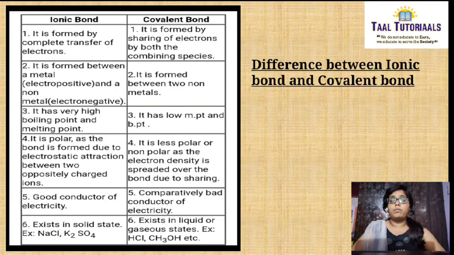Now ionic compounds are good conductors of electricity, and covalent compounds are comparatively bad conductors of electricity. Ionic compounds exist in solid state, for example NaCl, sodium chloride, K2SO4, potassium sulfate. And covalent compounds exist in liquid or gaseous state, for example HCl, CH3OH, etc. Okay, these are the main differences between ionic bond and covalent bond.